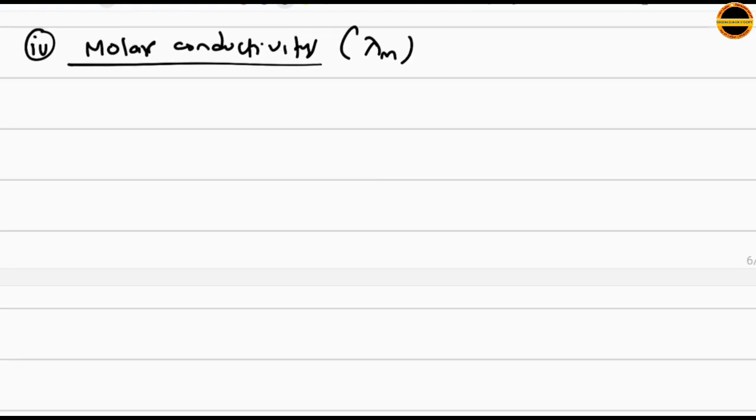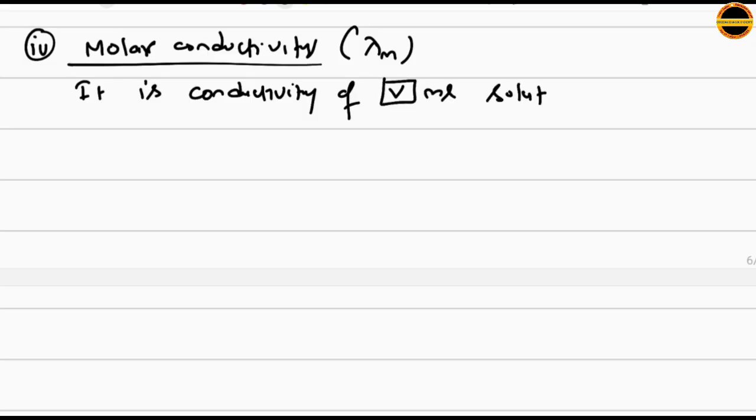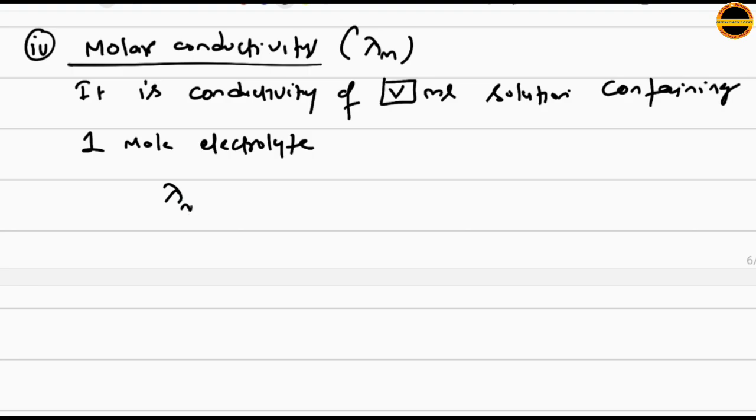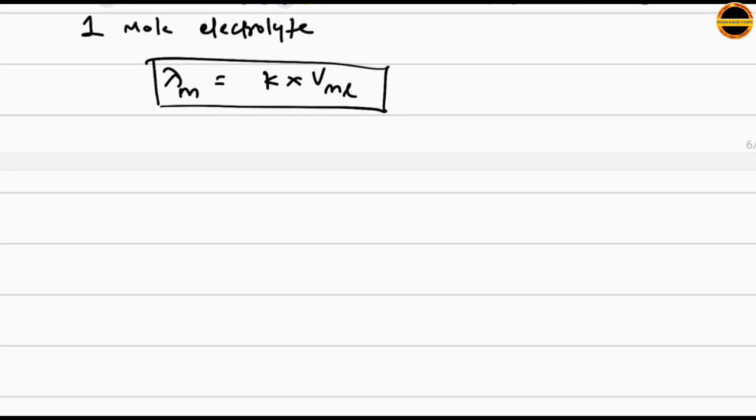Molar conductivity is the conductivity of V mL solution containing 1 mole of electrolyte. So the representation is lambda m is equal to K into volume in mL. This is the formula for molar conductivity, where V is in mL.